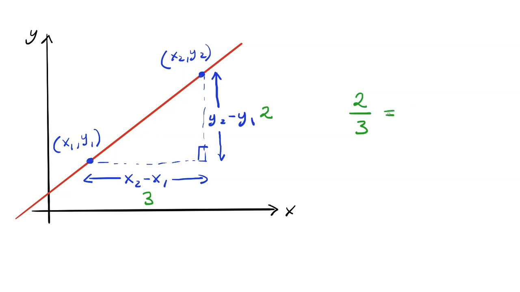Or more generally, now it was only the example 3 and 2. More generally, the 2 is y2 minus y1, and the 3 should be x2 minus x1. So in general, the slope will be that.